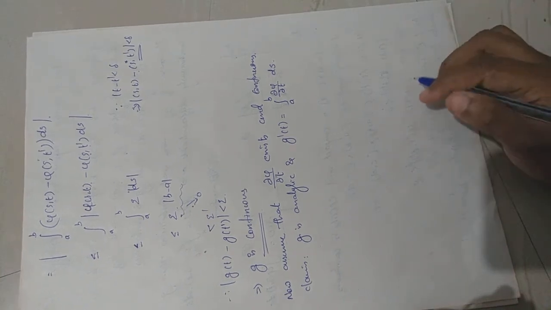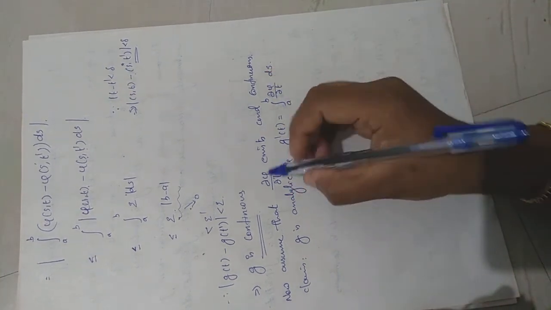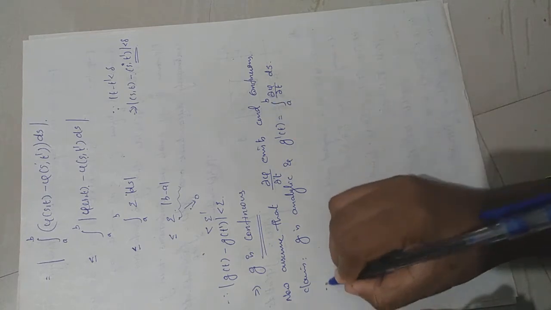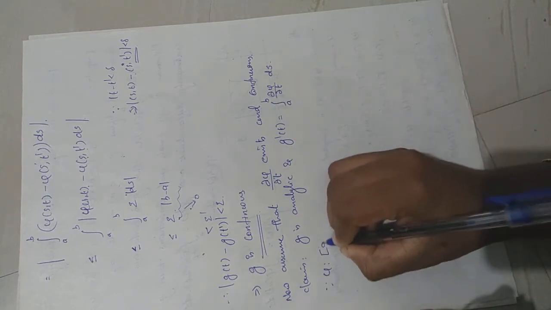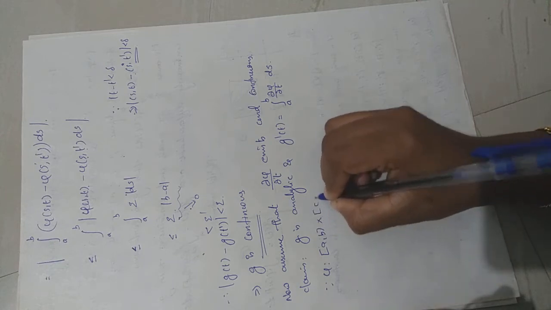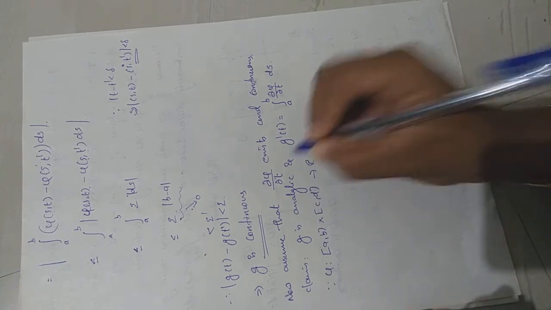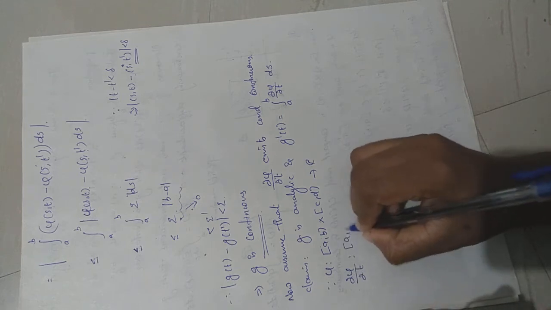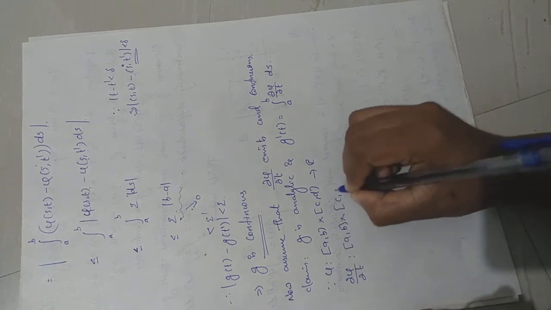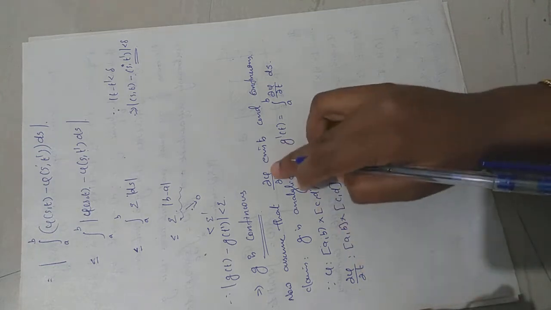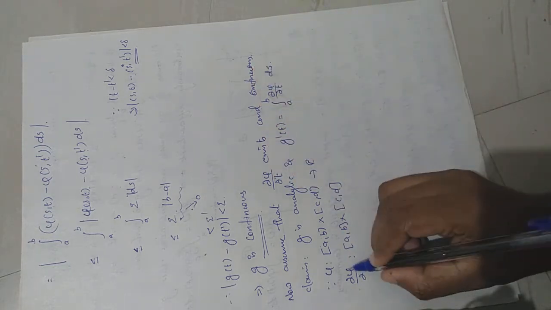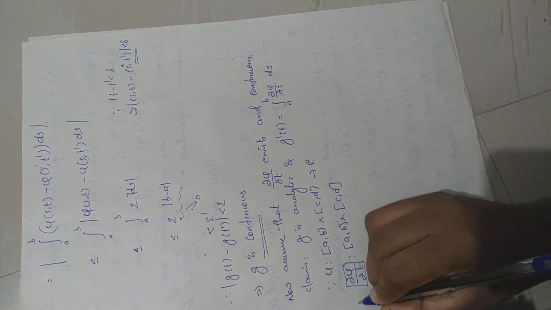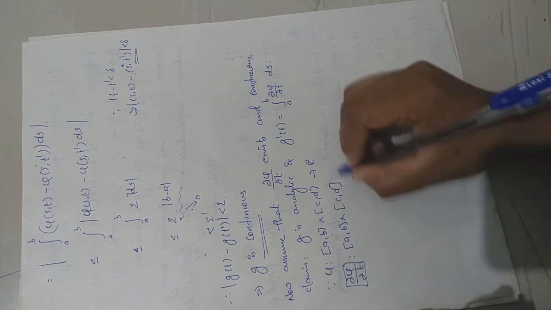Okay. So by our assumption, dou psi by dou t exists and is continuous. Since psi is a mapping from the closed interval AB cross CD to C, this partial derivative dou psi by dou t is also a mapping on the same domain. Since this derivative exists and is continuous, we name this function psi 2.